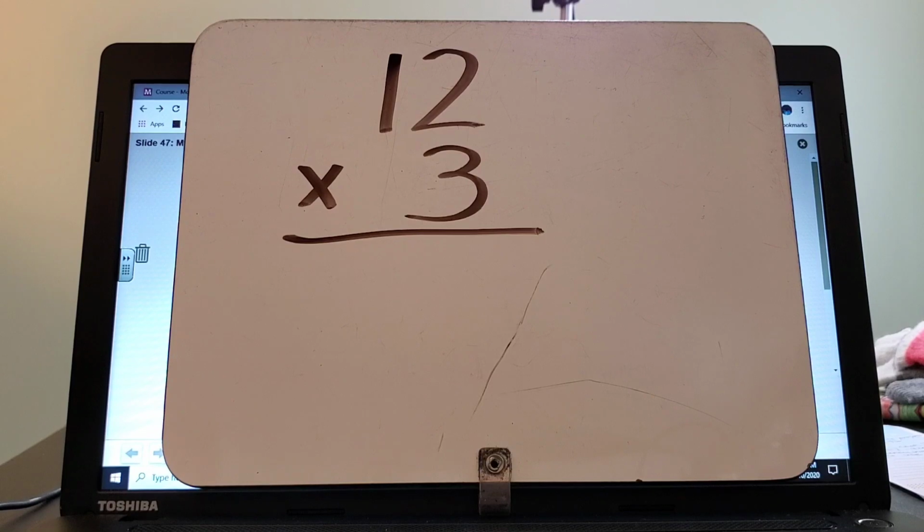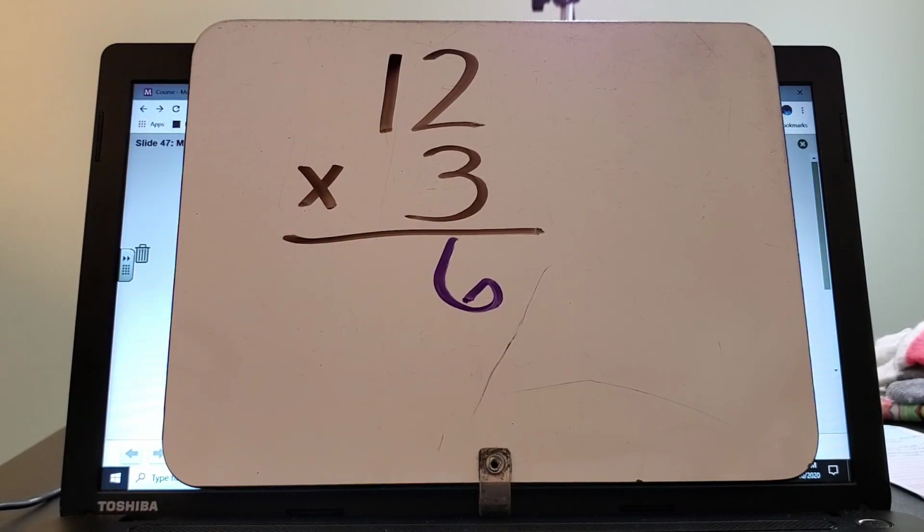Here's 12 times 3. If you have it written 3 times 12, anytime you're going to do it on paper or on a board, always write it with the bigger number on the top. Makes it easier. So first we're going to multiply the ones. So you would say 3 times 2. And what does 3 times 2 equal?